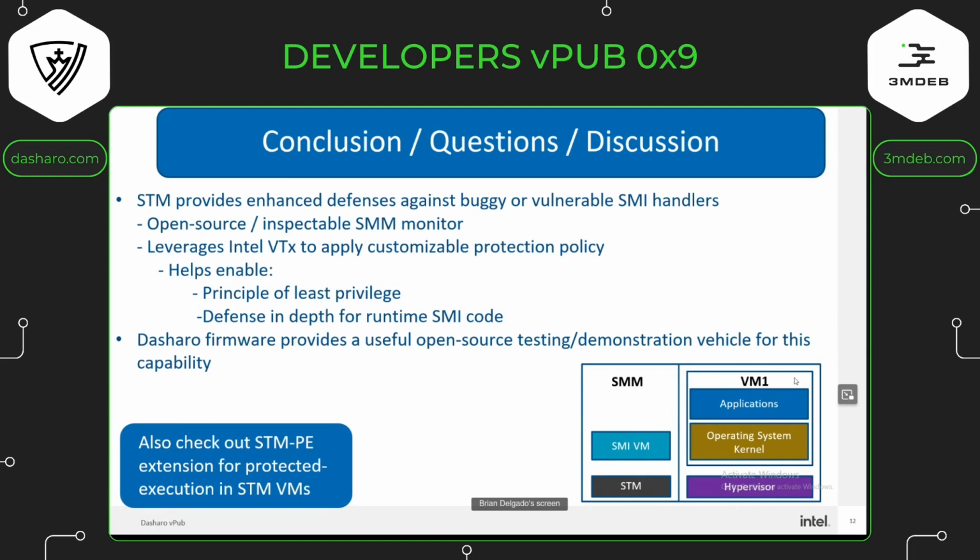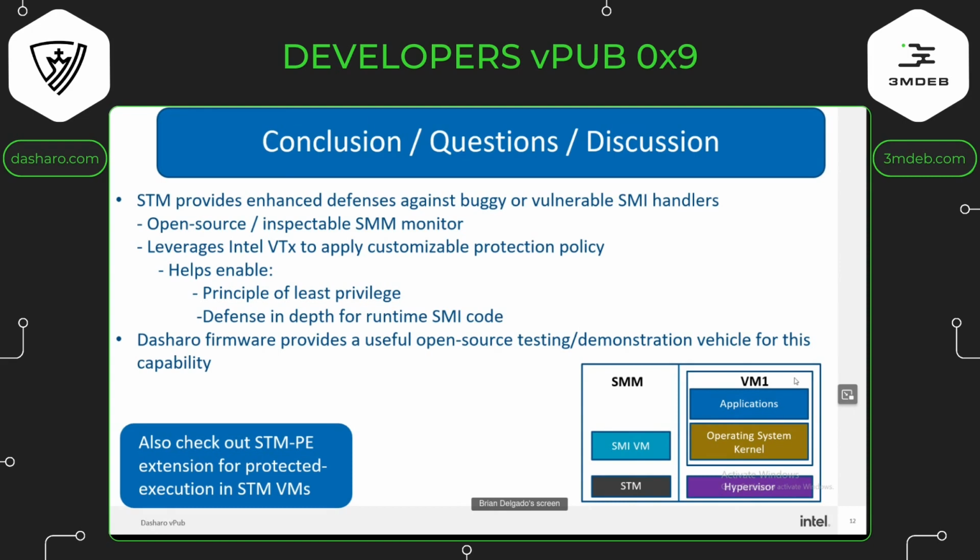STM was originally designed for TXT, and the SINIT modules, the ACMs from Intel, are fully aware of the STM, and they'll do STM provisioning when they see that there's a valid STM that's been configured. Traditionally the STM is launched in 64-bit mode, which means that we need page tables created before we even jump into the STM.